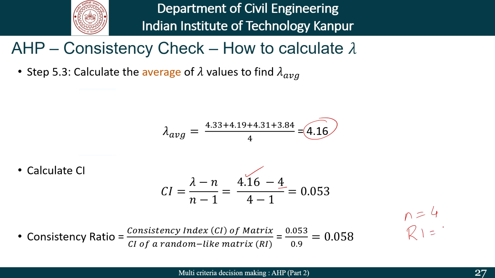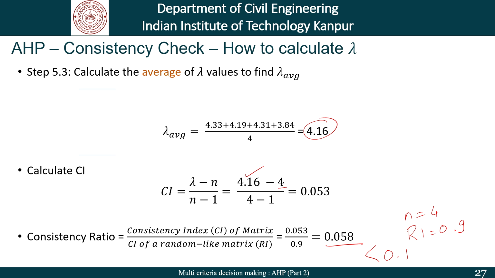You would see that for n equal to 4, Ri is equal to 0.9. So, we calculate the consistency ratio CR as 0.05 divided by 0.9, which is 0.058. Since this value is less than 0.1, we say that this matrix is acceptable for our AHP analysis.